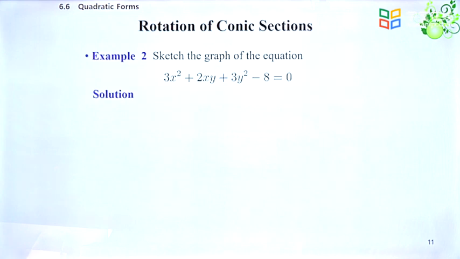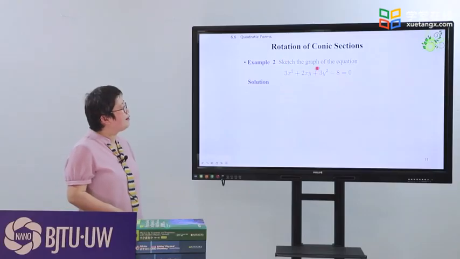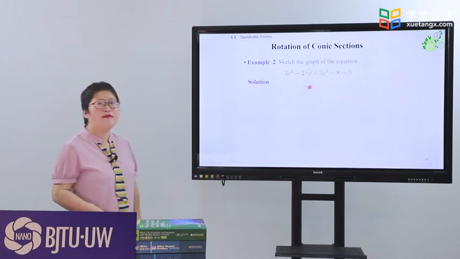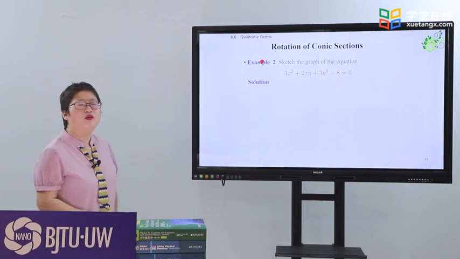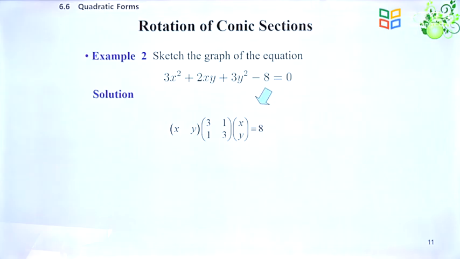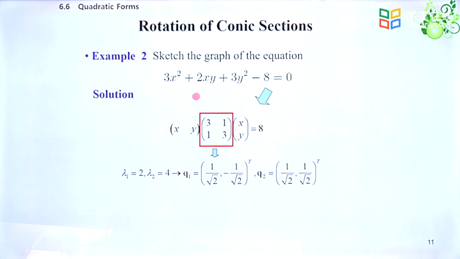Okay, see this example. Sketch the graph of the equation 3x power 2 plus 2xy plus 3y power 2 minus 8 equals 0. We first transform it to matrix form. You can write (x, y) times this 2 by 2 matrix times this (x, y) column vector equals 8. And for this matrix A, we can compute its eigenvalues.